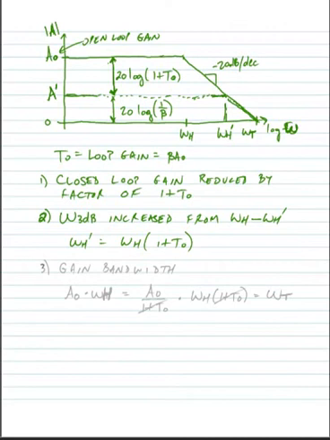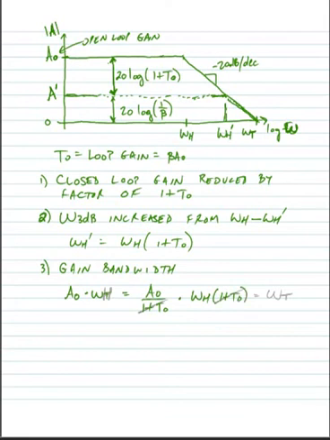Now, one thing that we should note is that the gain bandwidth product is always constant. Let's validate this. We know the gain bandwidth product for the open loop case is A0 times omega t, and we know that the gain times bandwidth product for the closed loop case is A sub 0 divided by 1 plus T sub 0 times omega H times 1 plus T sub 0.